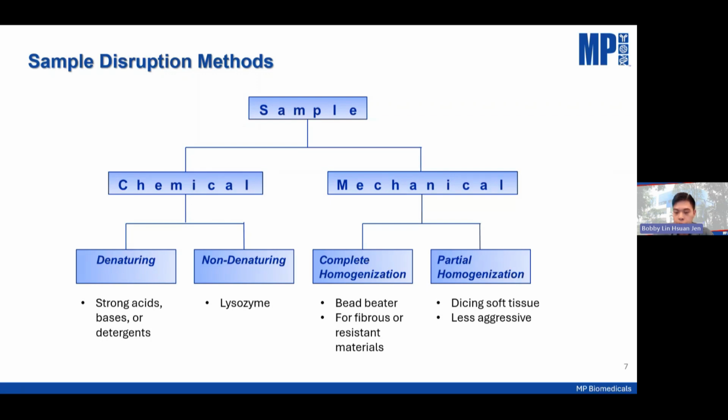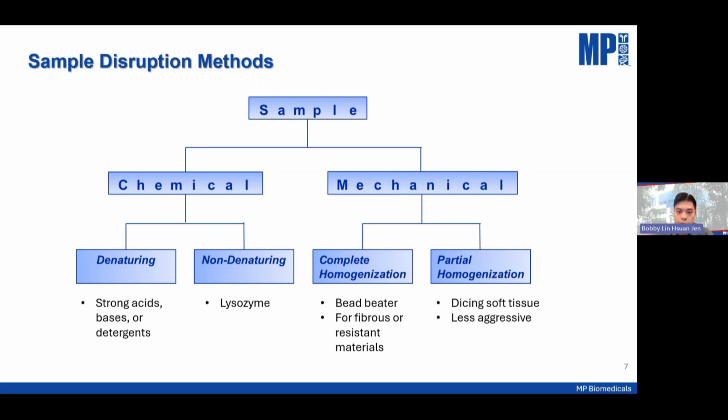It's an irreversible method, which is stronger in disrupting the sample. For example, using SDS, urea, or DTT, all these chemicals to break down the cells or our samples. And for non-denaturing, we have lysozyme, which is a milder chemical that we tend to use for protein-to-protein interactions where we really want to see the analysis of protein structure.